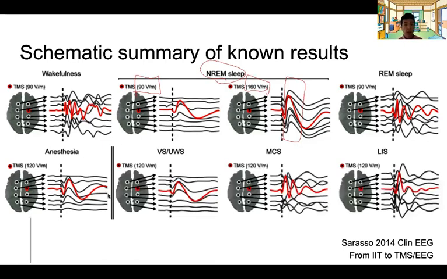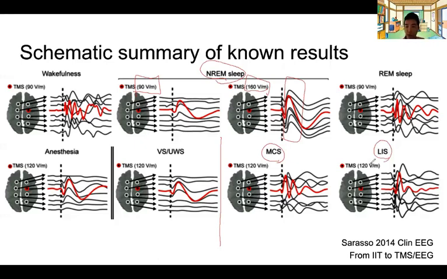And then, most critically for clinical purposes, vegetative state or unresponsive wakefulness states: these are people who do not seem to have consciousness by many criteria. They have a similar type of local, disconnected TMS response, like anesthesia or non-REM sleep. Minimally conscious and locked-in state patients show much more reliable signals of consciousness.